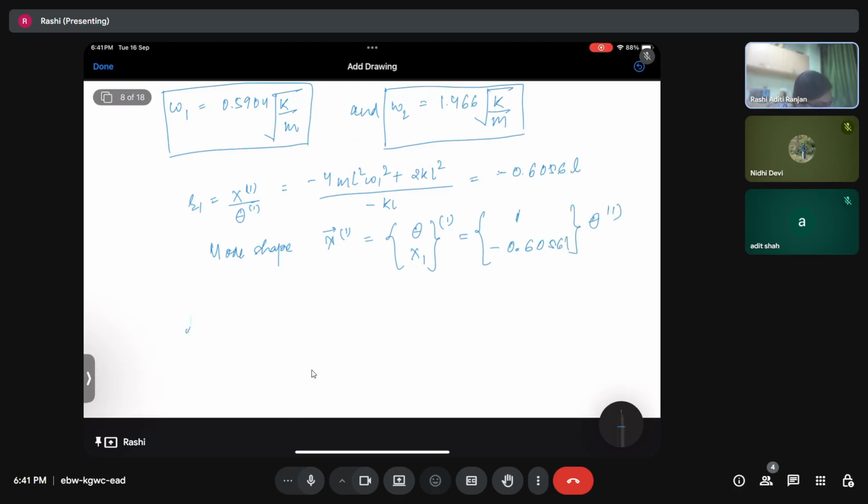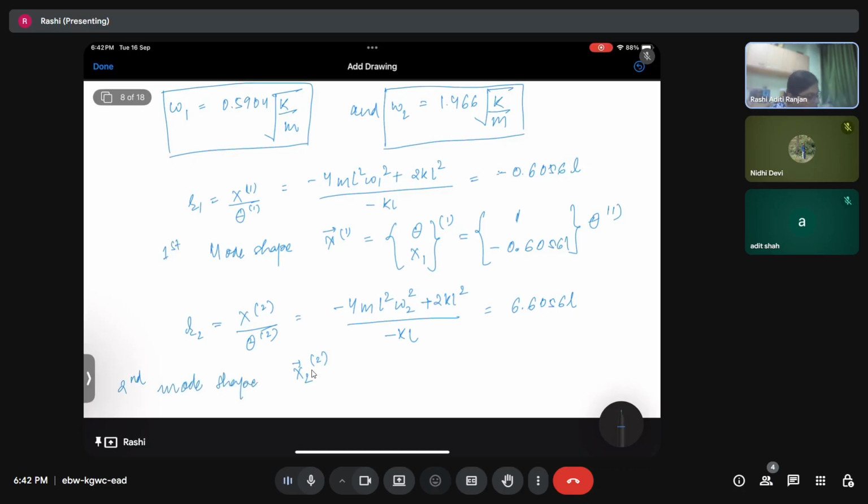For the second mode shape, R2 is x2 by θ2. So this is again going to be 4mL², instead of ω1² there is going to be ω2² plus 2kL² divided by minus of kL. This will turn out to be 6.6056 L. So this is the second mode shape.